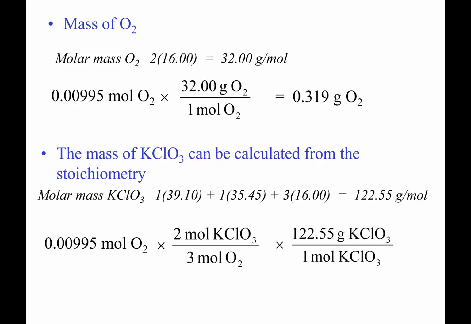We have units of grams of KClO3, which is perfect. But we're only allowed 3 sig figs in our answer. So I get 0.813 grams of KClO3, potassium chlorate. All right.